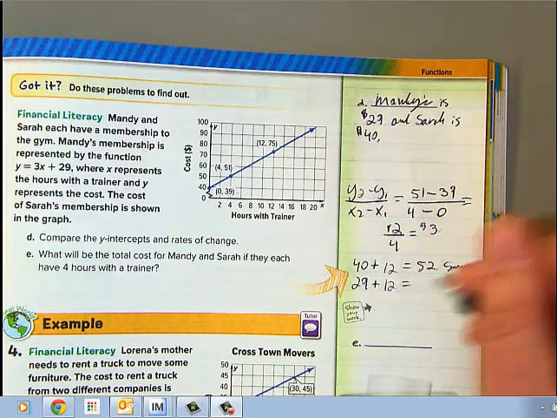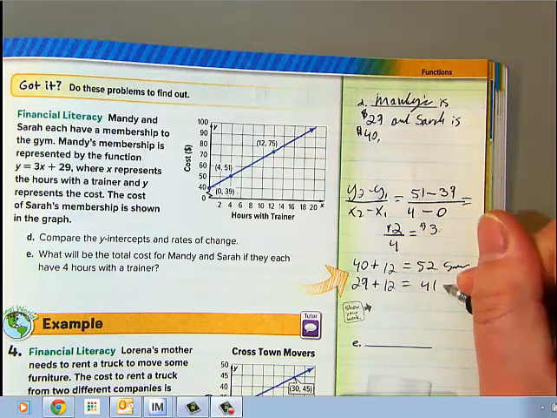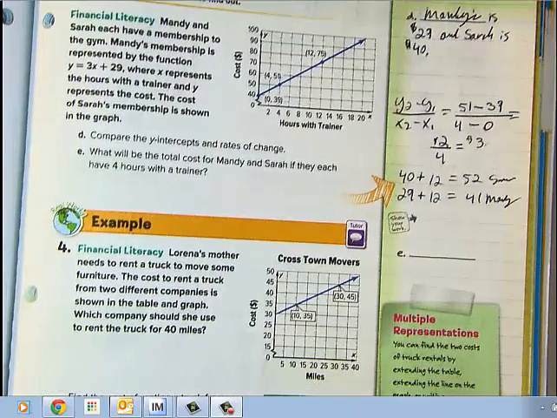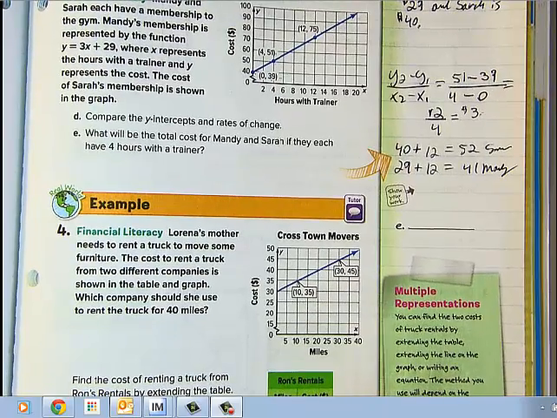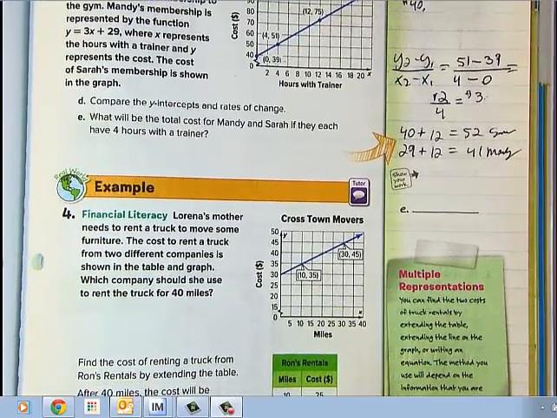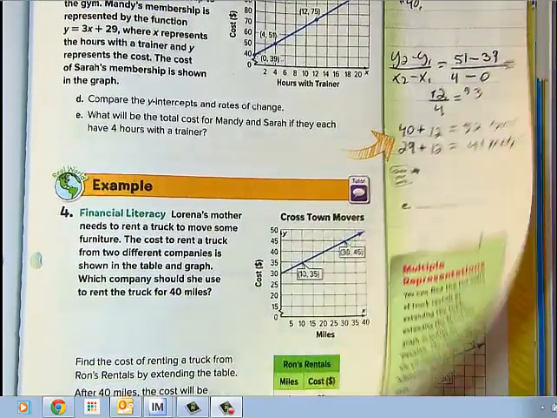So that will equal 41 for Mandy. Alrighty? So that's how we do rate of change. Like I said, most of this section just involves you reading a graph very carefully, looking at the graph, and understanding what's going on. Okay?